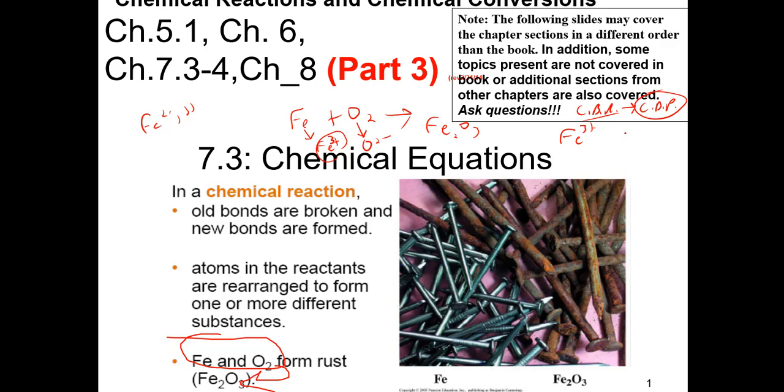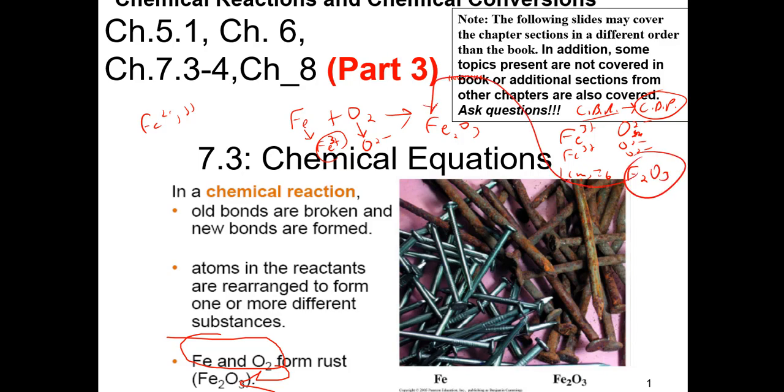So with iron 3 plus and oxygen 2 minus, we need the least common multiple, which happens to be 6. There's going to be 2 of the iron 3 pluses needed, and 3 of the 2 minuses of the oxides. So the final charge balanced product is going to be Fe2O3.